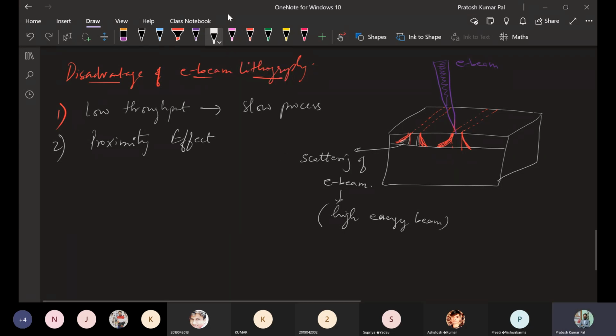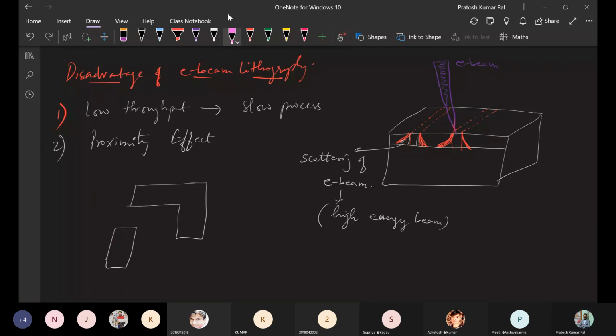One more thing: in the proximity effect, there are two types. Suppose this is a razor shape. If this is the region, this is A, this is B, and this is C, the locations of the selected region.